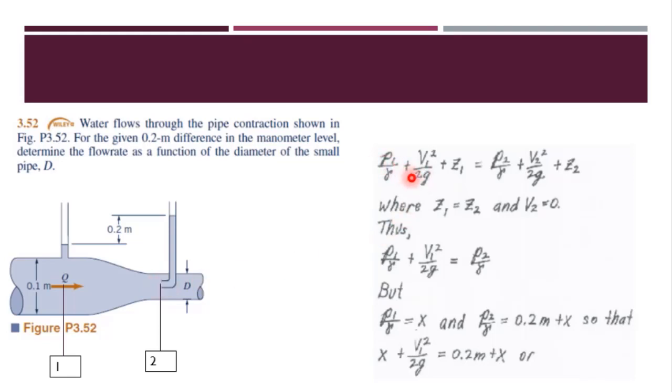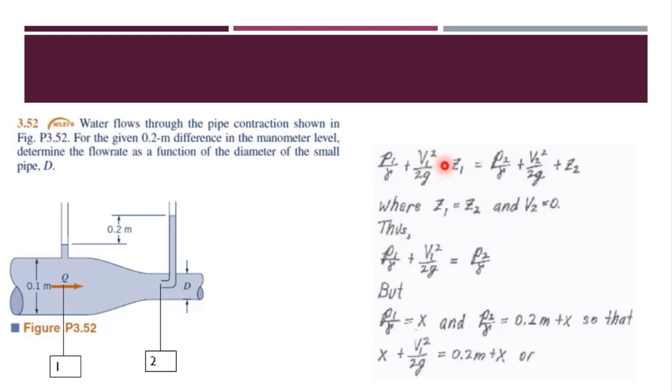So we apply the Bernoulli equation between point 1 and 2, that's written in front of you on your screens. We can see easily that the height z1 is equal to z2 in the Bernoulli equation. Also, velocity v2 at point 2 will be 0 because point 2 is a stagnation point.